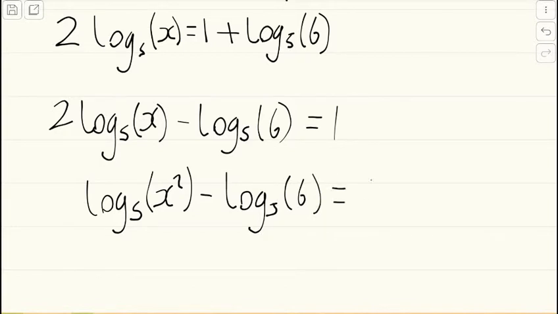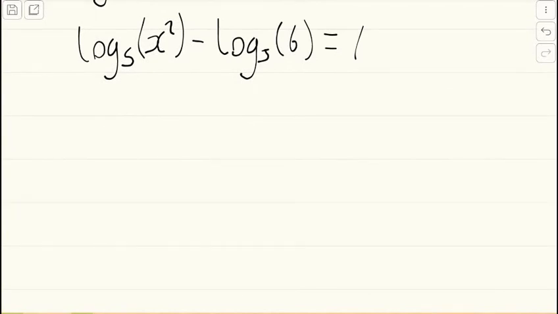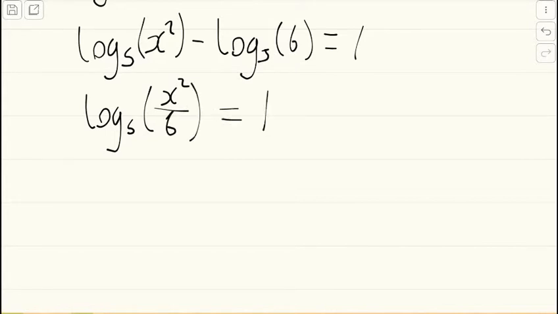Okay, and that equals 1. Now at this stage, I can combine these using the division law. So that becomes log to the base 5 of x squared over 6, and that equals 1.